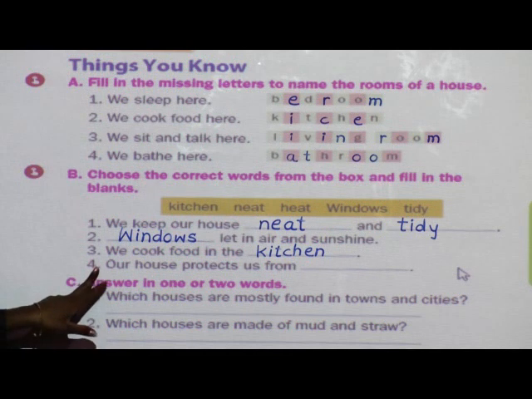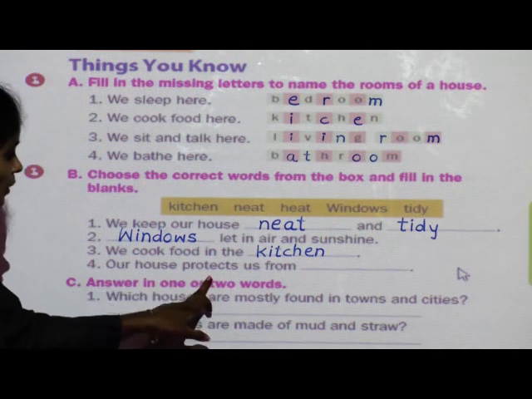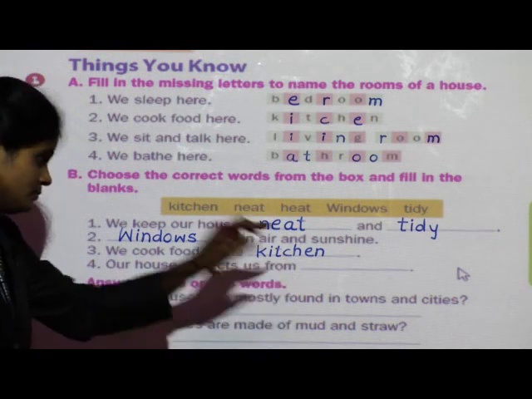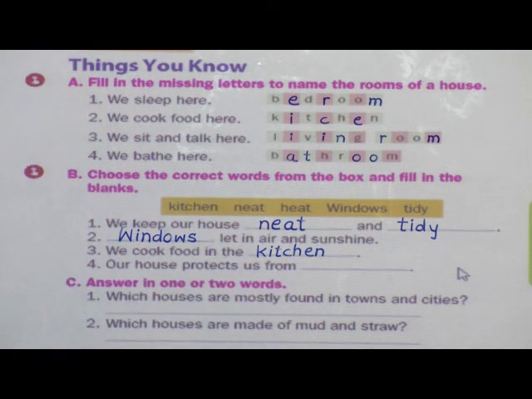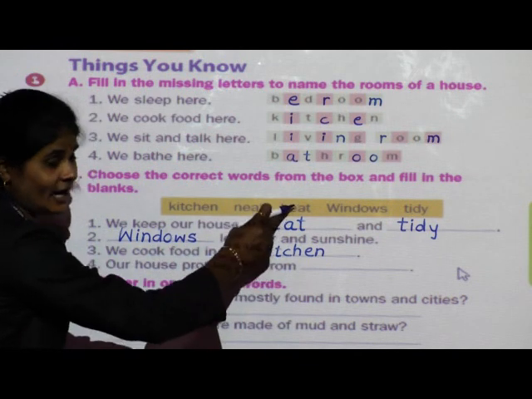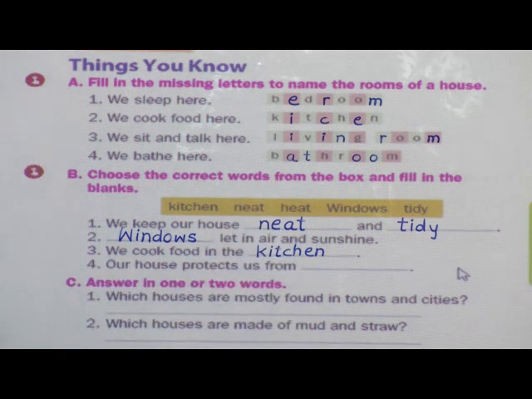Done. Next one. Our house protects us from what? Our house protects us from heat. H-E-A-T, heat. See, neat and heat are both rhyming words. So don't make any mistake while writing the words.